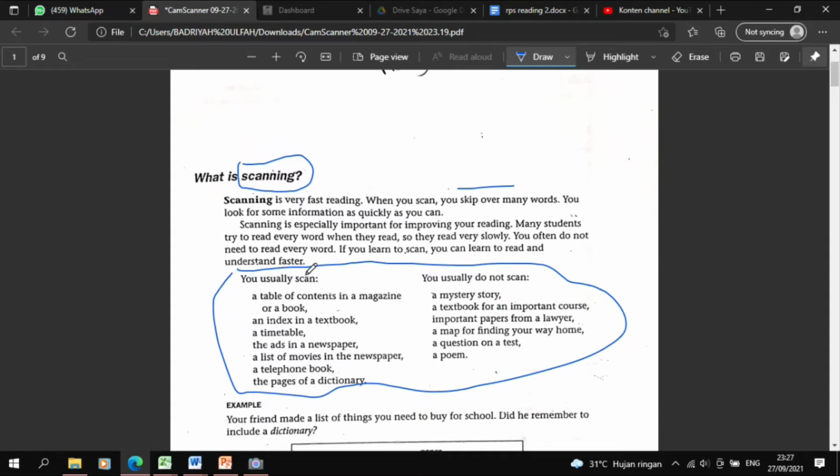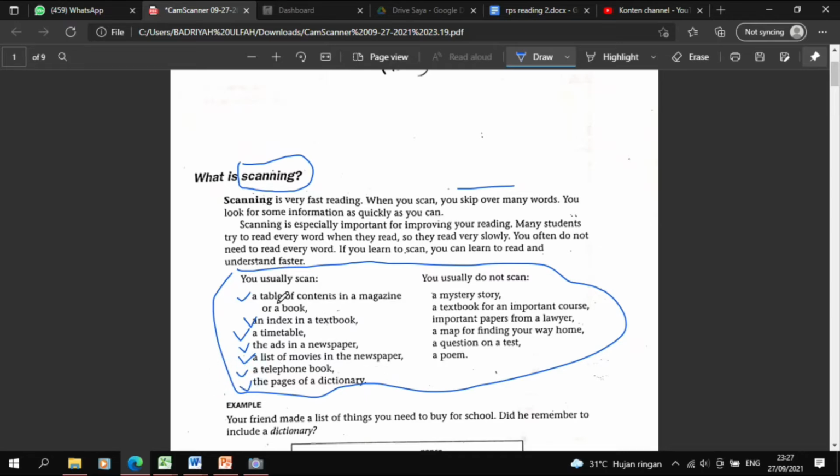You can use the scanning technique for the table of contents in a magazine or book, an index in a textbook, a timetable, an advertisement in a newspaper, a list of movies in the newspaper, a telephone book, the page of a dictionary.